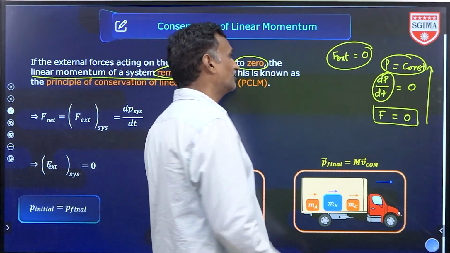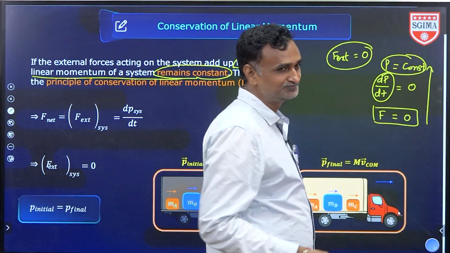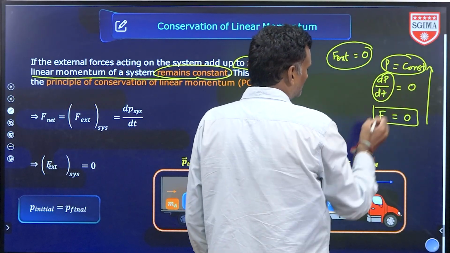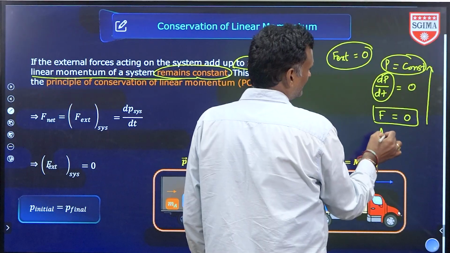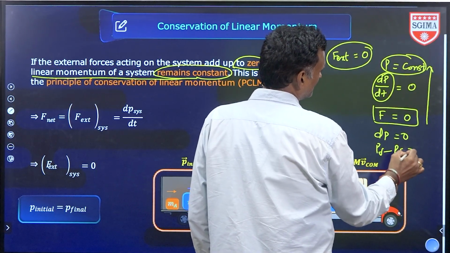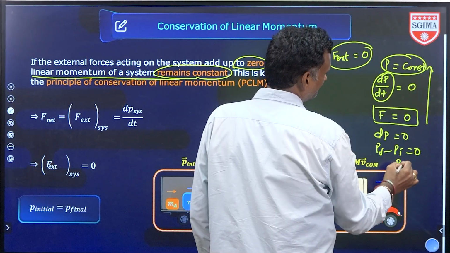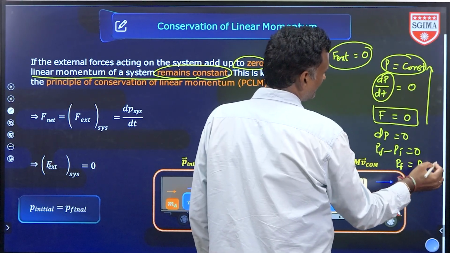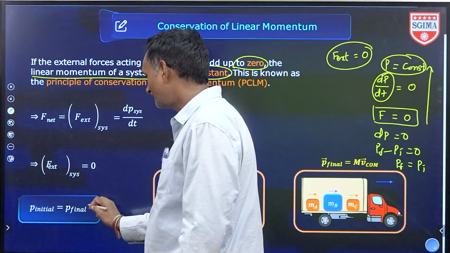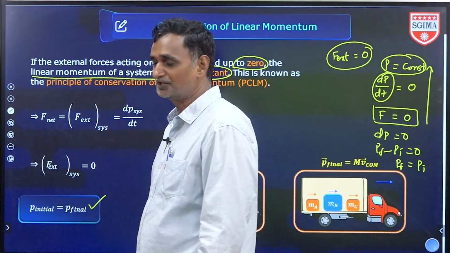Actually, sorry, it is not that dp is constant; dp is 0 only. P is constant, so dp equals 0. That is P final minus P initial equals 0. That is, P final equals P initial. So that is what we have got here. P final equals P initial.